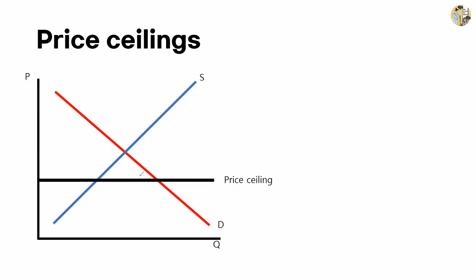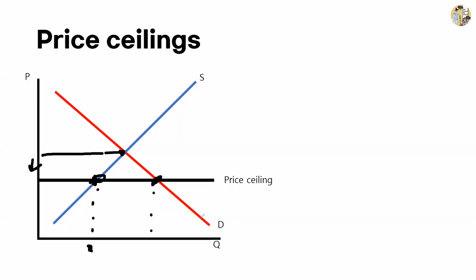If the price shifts from here to here, you can see now that more people want to purchase it, so the quantity demanded is here, but no, it does not mean that everyone can purchase it, since now the quantity supplied even decreased to a point here. And this is an important point.